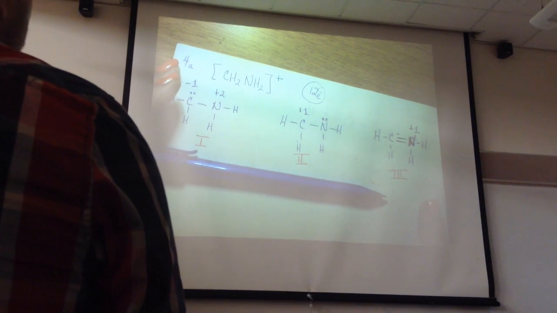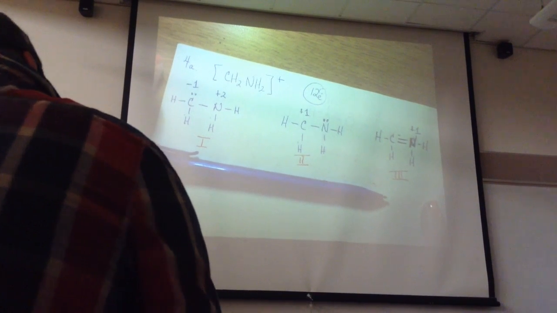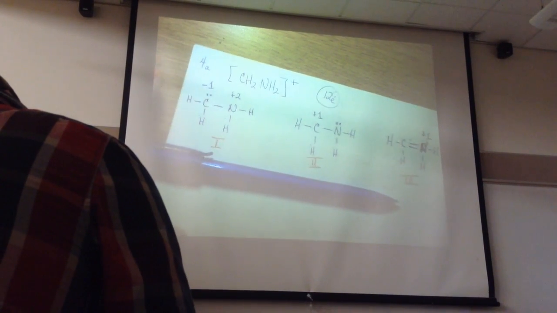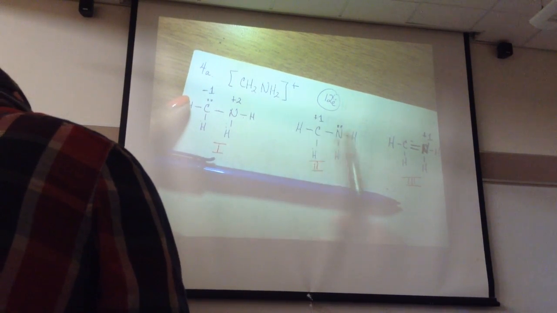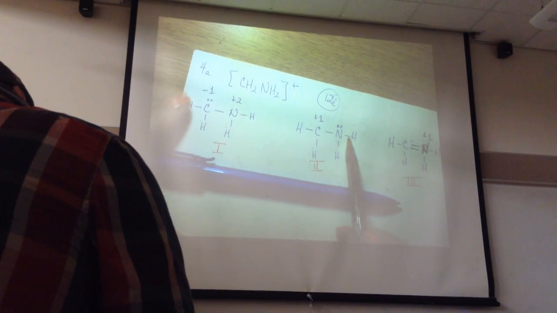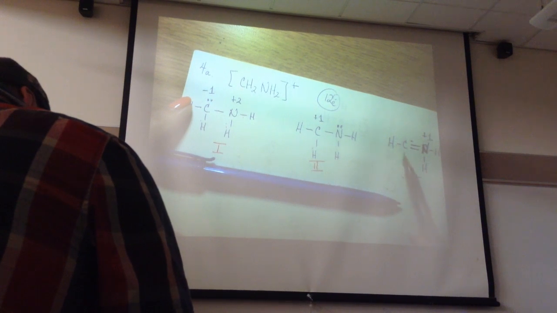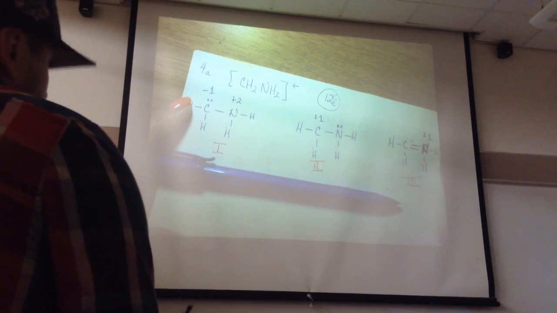So structure number 3 is a major because you have a full octet for every single atom. You have as many bonds as possible. Take a look that in these other 2, you had 1, 2, 3, 4, 5. And over here you have 1, 2, 3, 4, 5, 6.